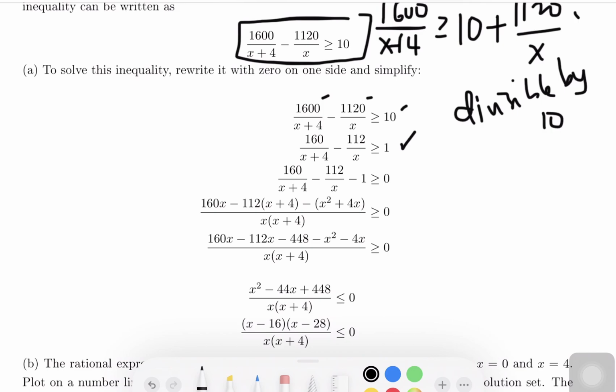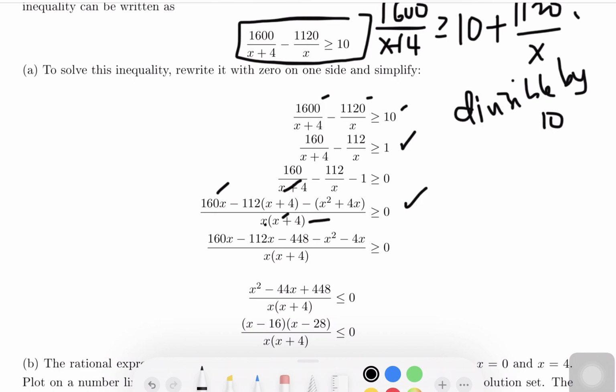Okay, and then we transpose negative 1. Then we have the LCD x times x plus 4. Using our previous knowledge, we will arrive at this one. So, if this is our LCD, x times x plus 4 divided by x plus 4, they cancel. So what remains is 160 times x, that is why we have 160x.